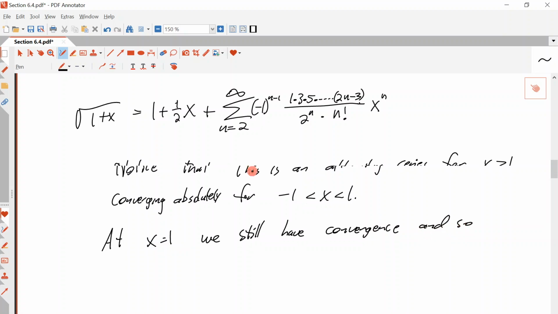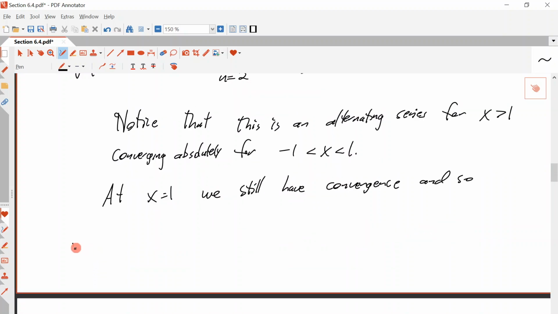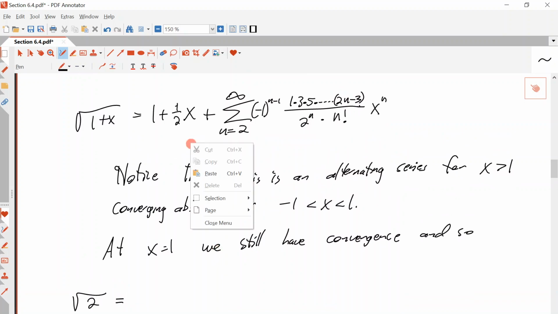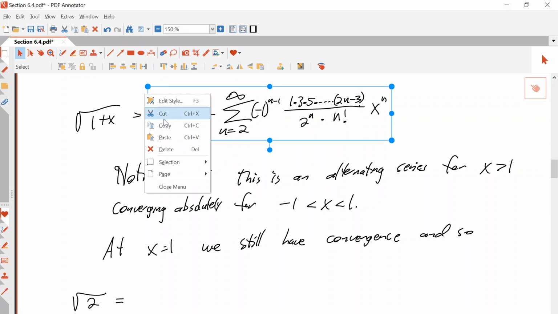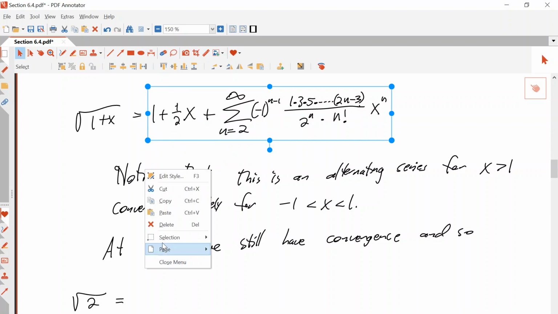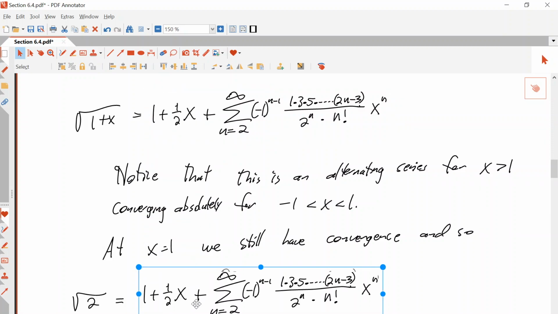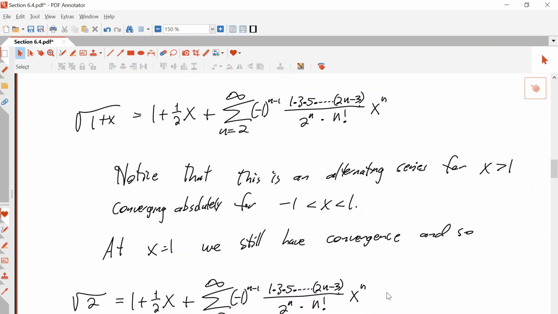And so the square root of 2 is equal to this at x equal to 1. So it's 3/2. When x is equal to 1, this is just 1, so it's 3/2 here, plus this alternating series.